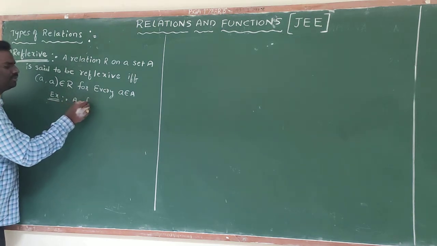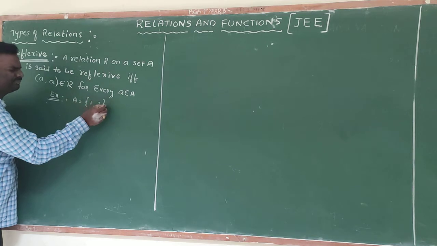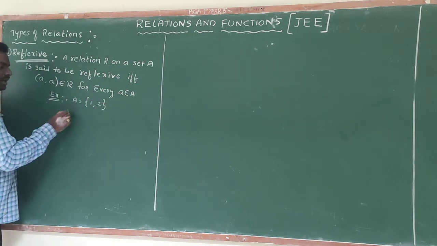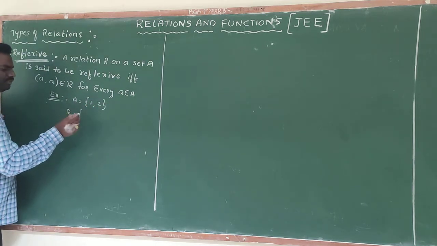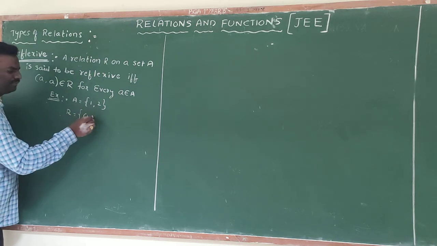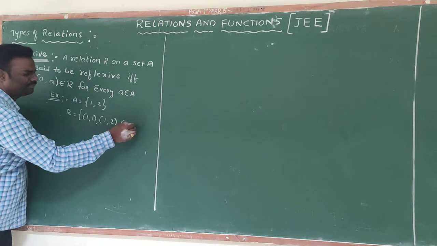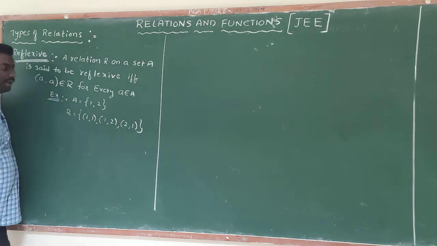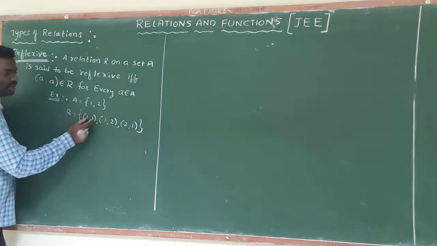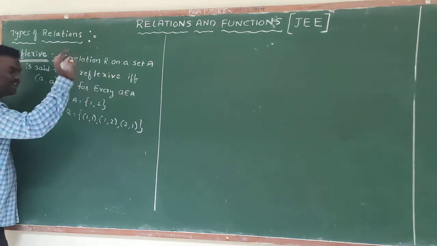A equals to {1, 2} and R is equal to {(1,1), (1,2), (2,1)}. Okay, students, what the students will confuse: (1,1) is there, therefore R is reflexive.